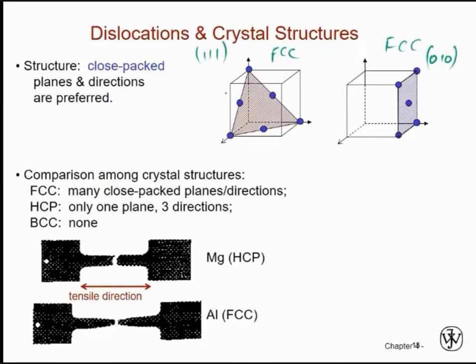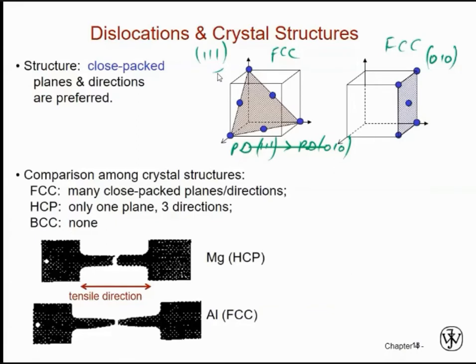If you calculate the planar density for these two, you will see that the planar density of the 111 plane will be larger than the planar density of this plane. That means the 111 plane is full with atoms. These atoms are closely packed to each other.